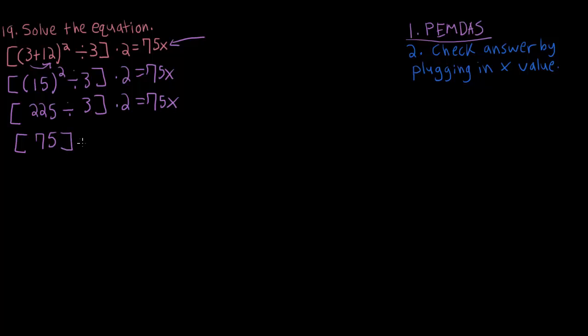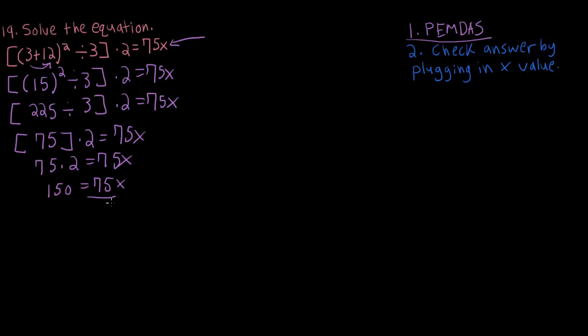Times 2 equals 75x. We can just get rid of the bracket. So we have 75 times 2 equals 75x. And 75 times 2 is 150 equals 75x.